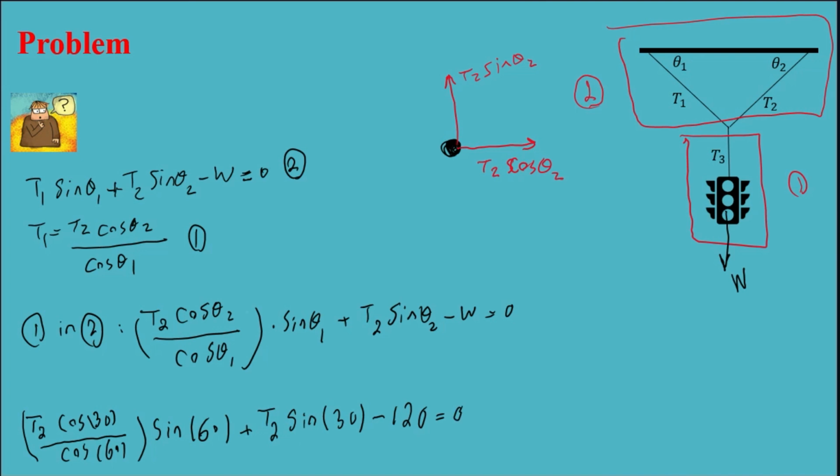And that's going to be equal to 0. So if I do the little math, my T2 here is going to be 60 newtons. That's going to be my T2.